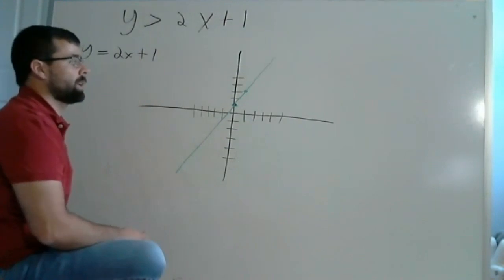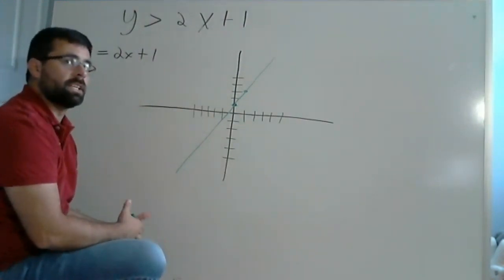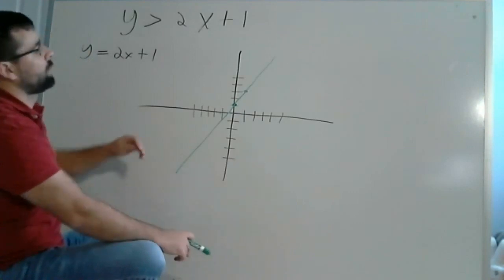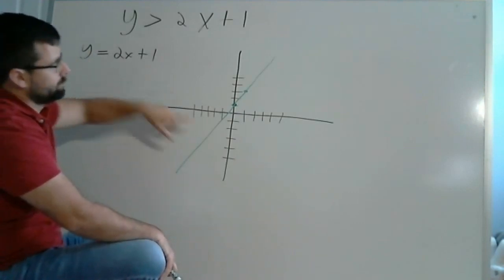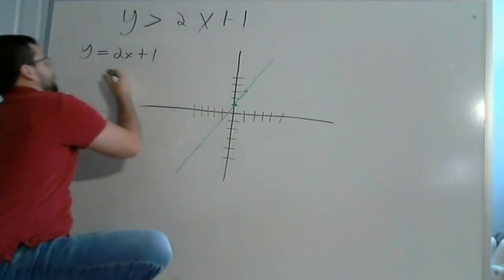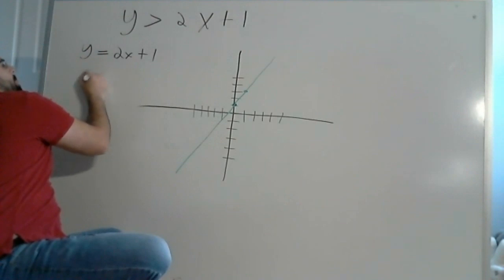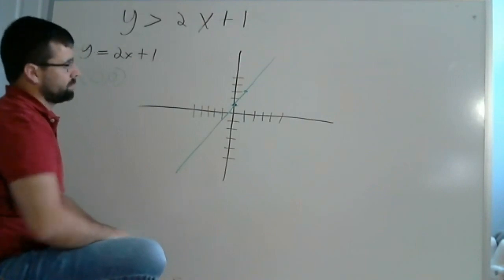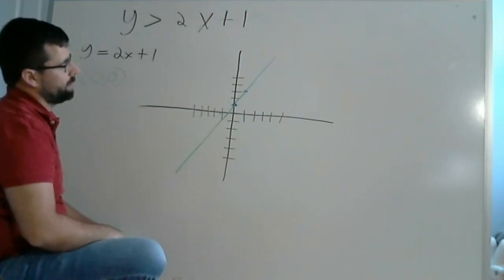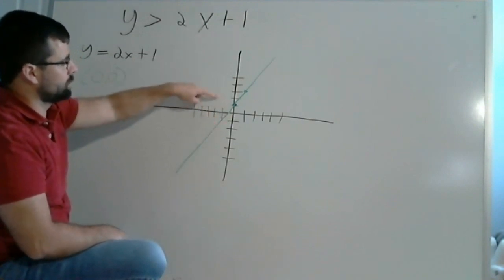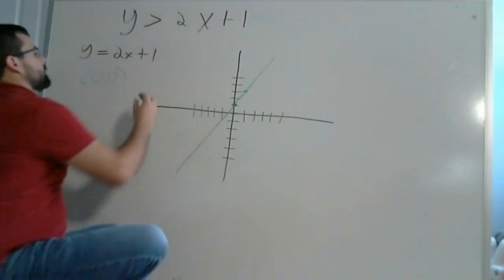So now we just have to pick a point on each side and see which one works. Well, we have an easy point, which is at 0, 0. And let's plot a point, I don't know, 2, 2. Sounds good.